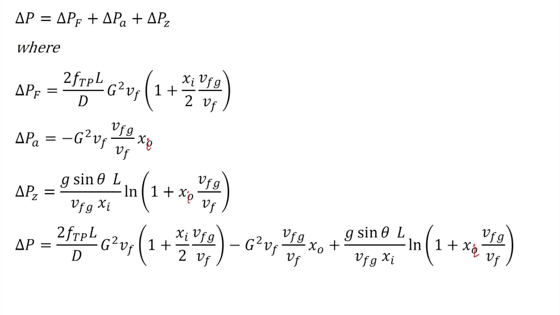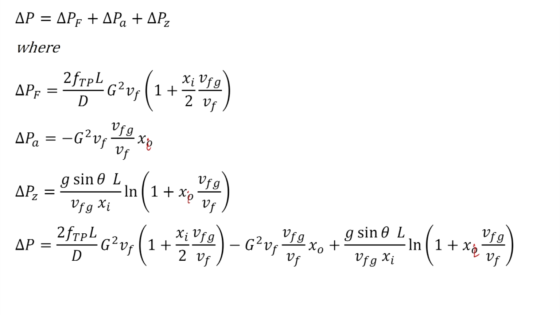Due to friction, there is always pressure drop, because friction always opposes motion, relative motion, and due to acceleration, in this case it is actually deceleration rather than acceleration, and therefore there is pressure rise due to that.